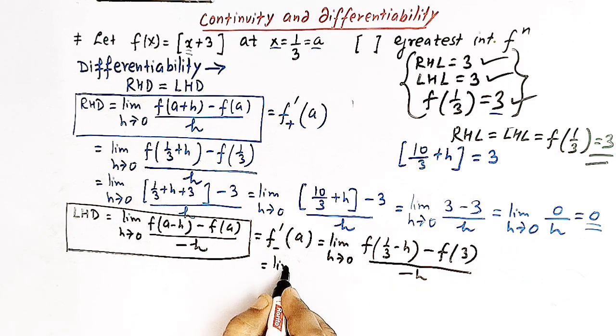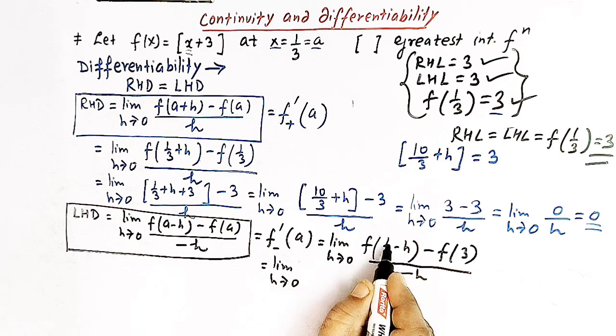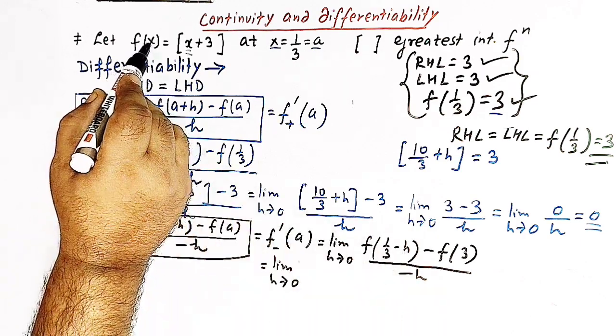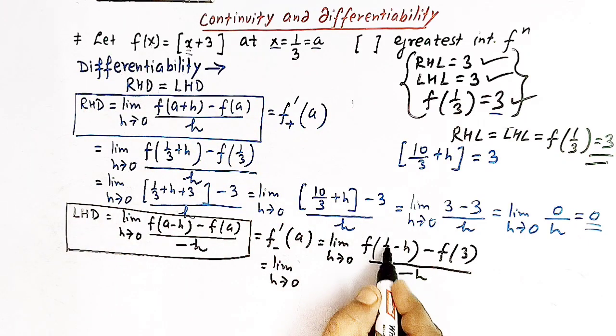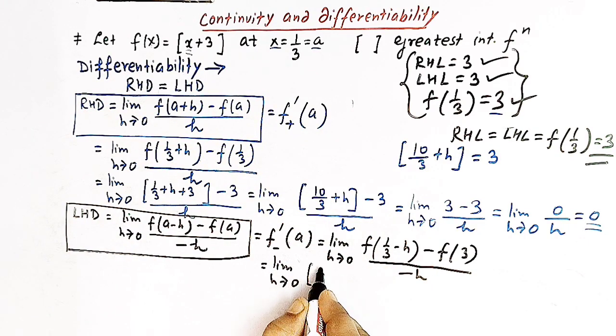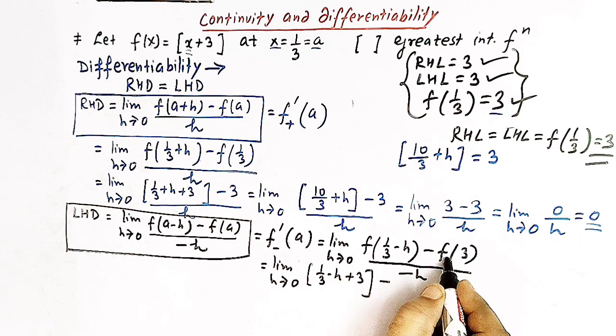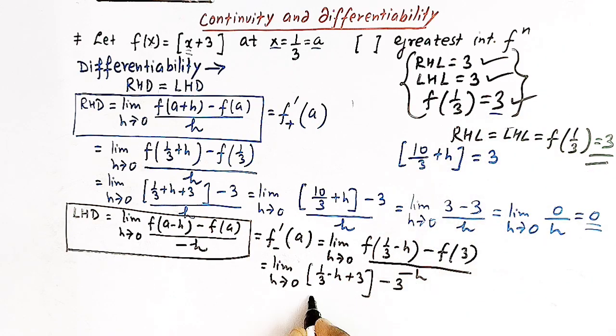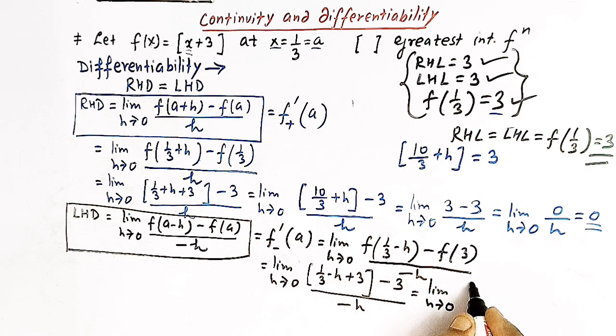So this is limit h tends to 0. F of 1 over 3 minus h can be obtained by replacing x by 1 over 3 minus h. So we have greatest integer of 1 over 3 minus h plus 3, and here f of 3 is equal to 3, divided by minus h. So we have limit h tends to 0, and this is greatest integer of 10 over 3, since 1 over 3 plus 3 is 10 over 3, minus h. Here we have 3, and divided by minus h, right?